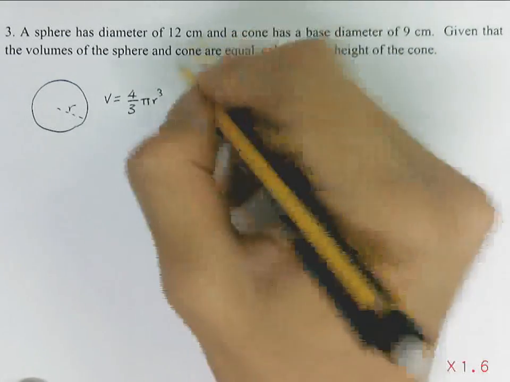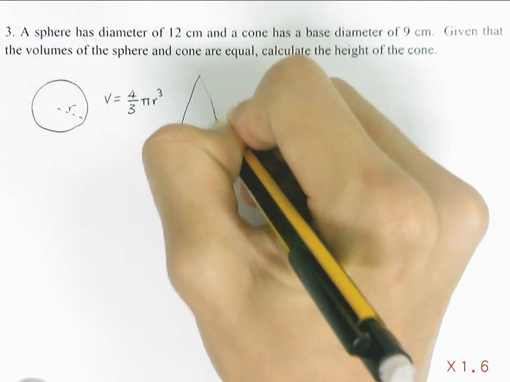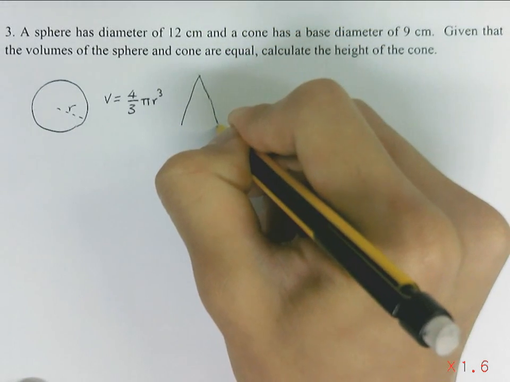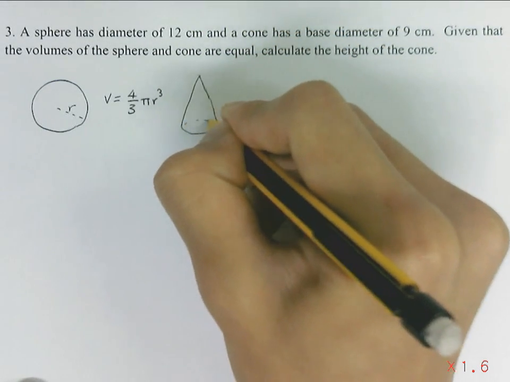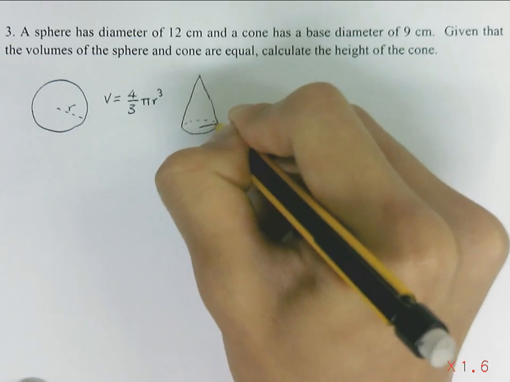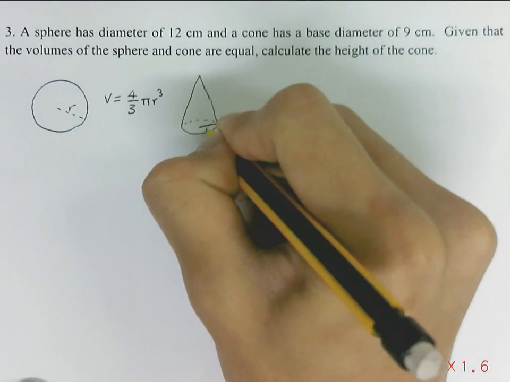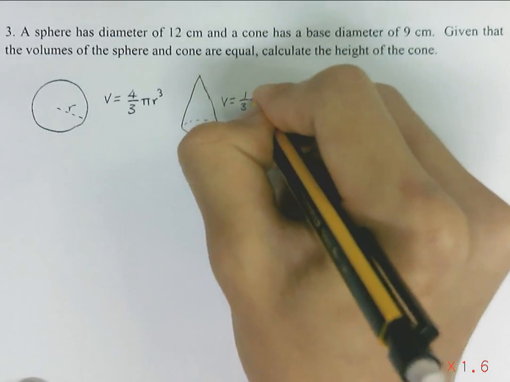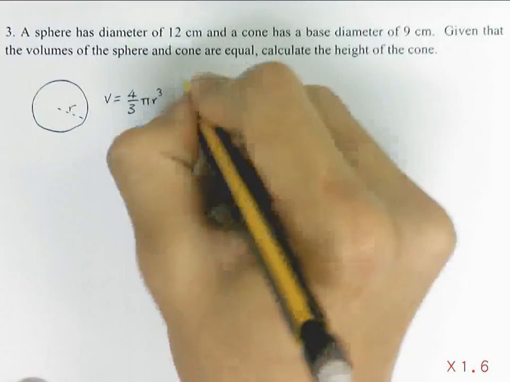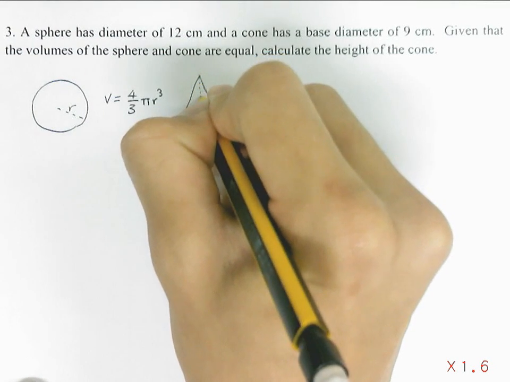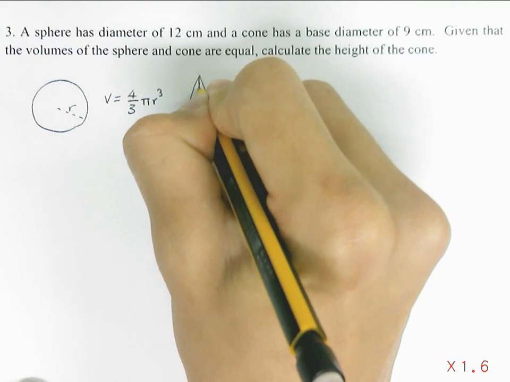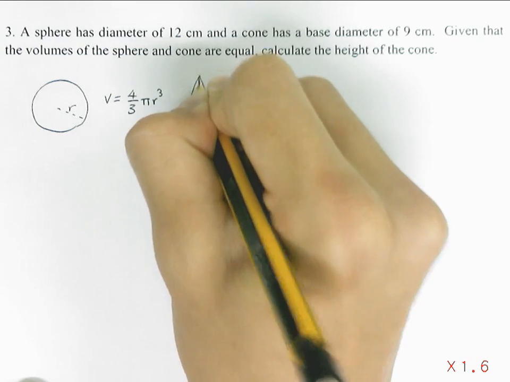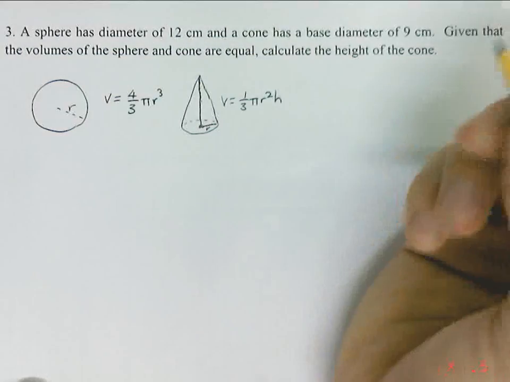Similarly for the cone, with a base radius r, and the volume of the cone will simply be 1/3 pi r squared height. The height will be the vertical height from the top to the center of the base.